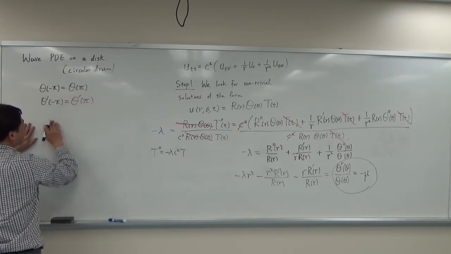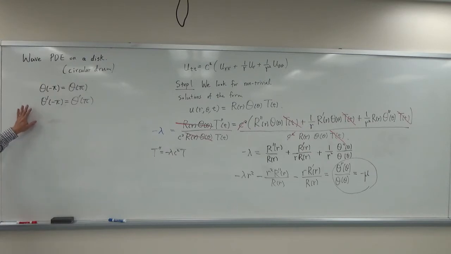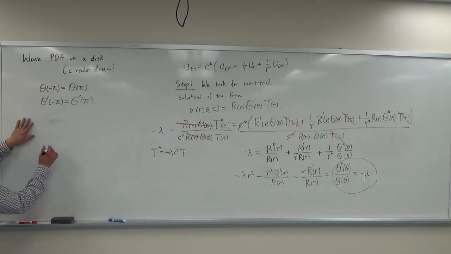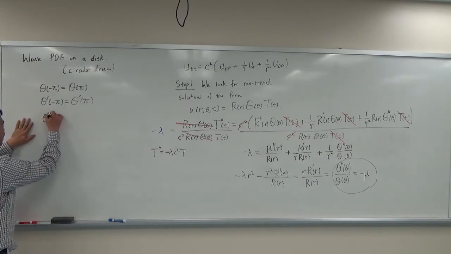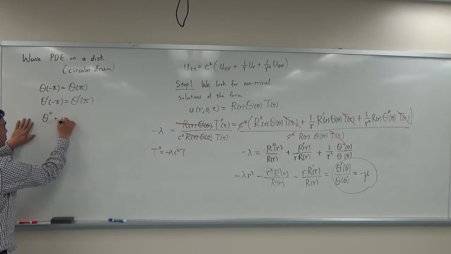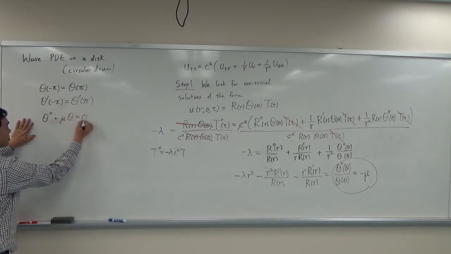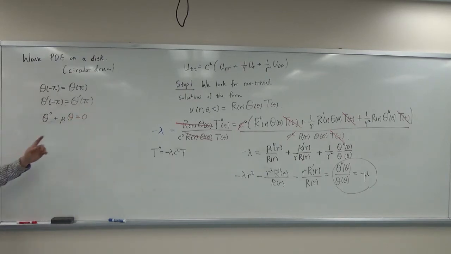I'm skipping some steps here because apparently this is the same thing as when you were solving Laplace equation on the disk. Okay, so you remember when you solve the Laplace equation on the disk, you get this. With the Sturm-Liouville equation, theta double prime plus mu theta equals 0, right? Well, in the circular disk Laplacian, you had lambda here instead of mu. But it's the same story.